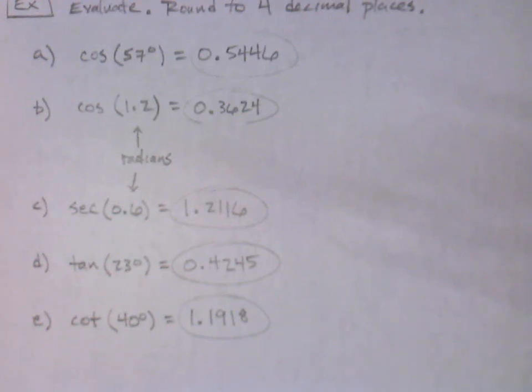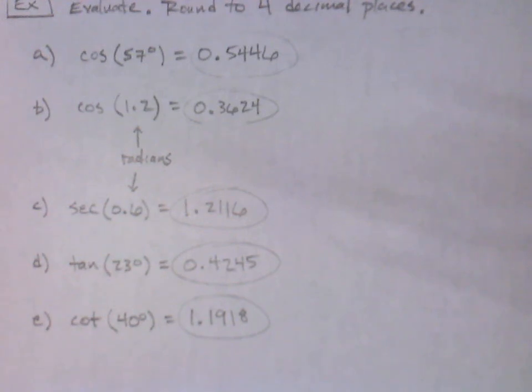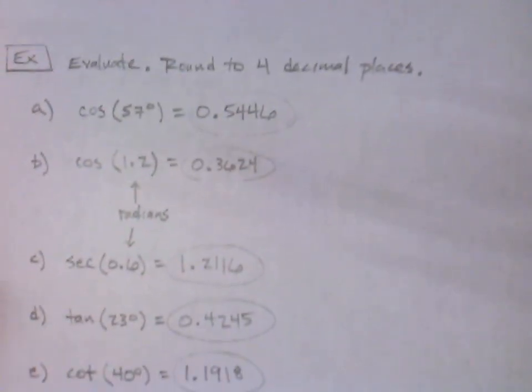Most of the things we're going to do with trig when it comes to finding a value, we're just going to use our calculator. But we do want to have some understanding of what these mean and where they come from, of course. Okay, so we're at about 9 minutes.